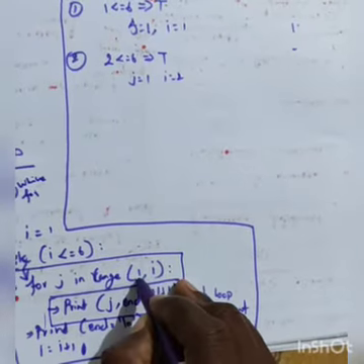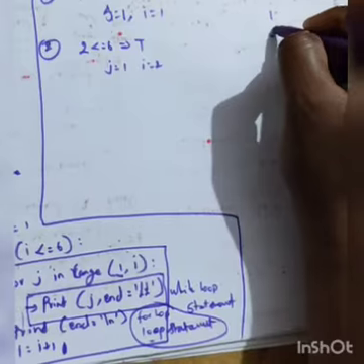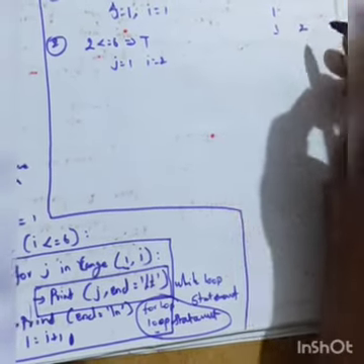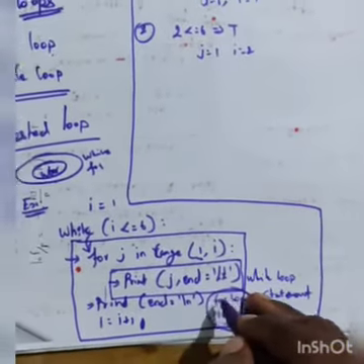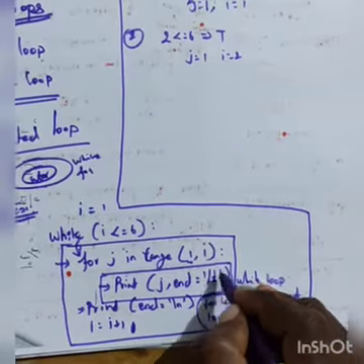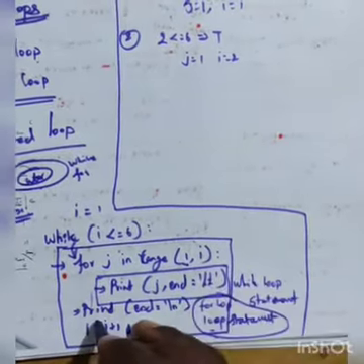Starting value 1, ending value 2. So 1 is printed, after a tab, 2 is printed. After printing 2, it comes here to the next line and waits there.